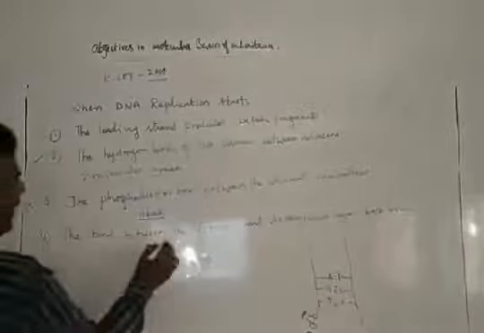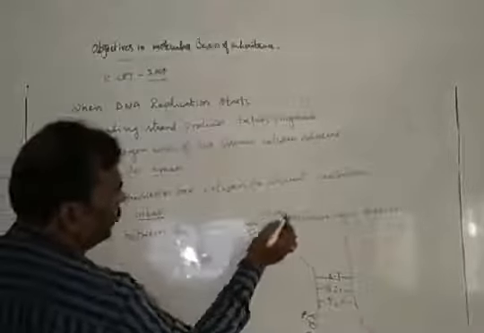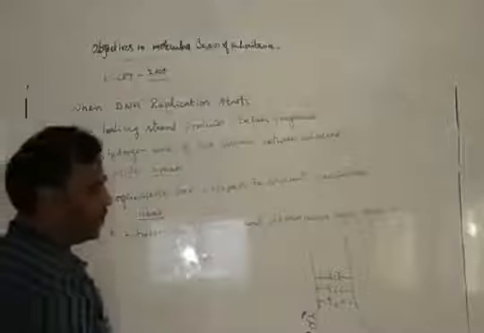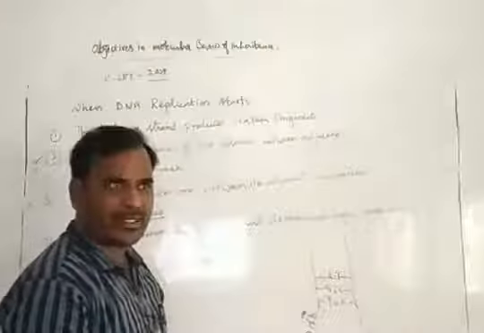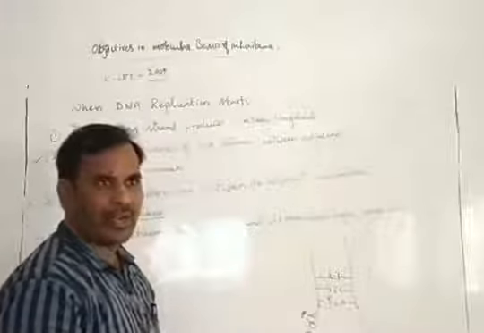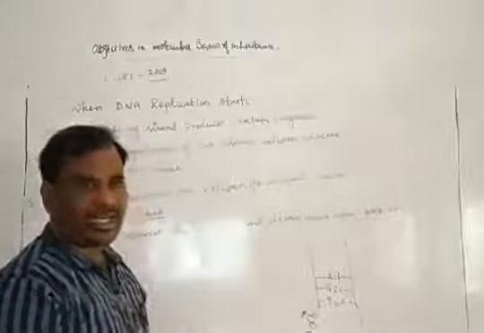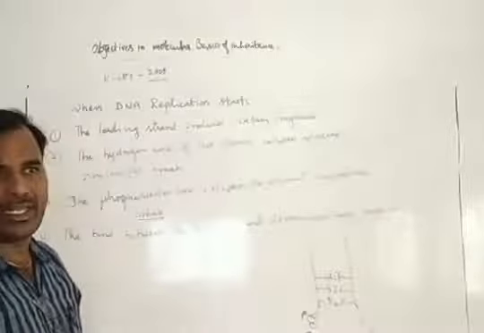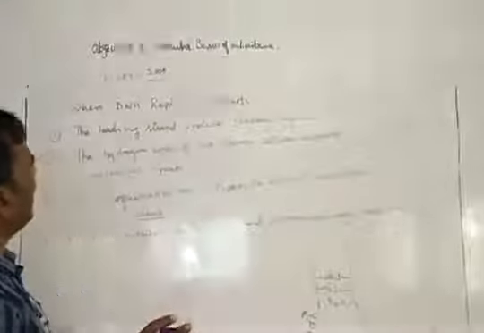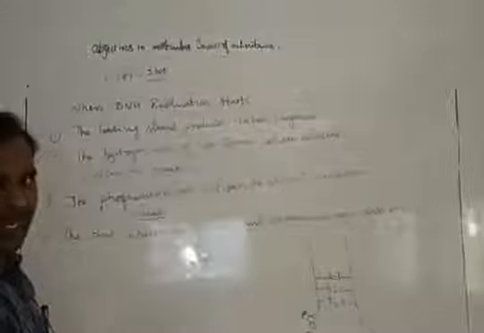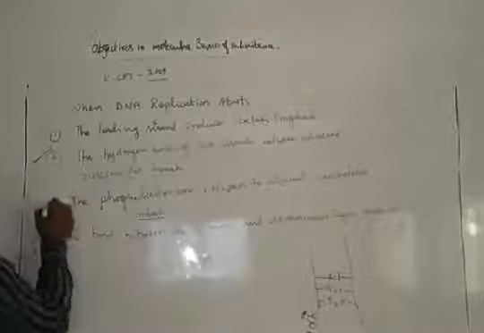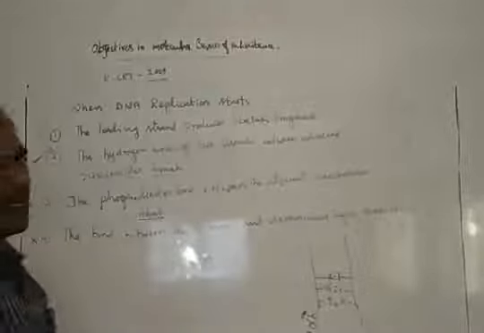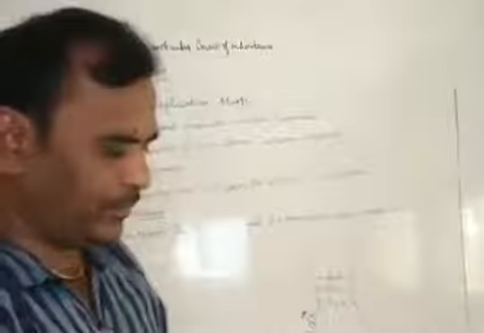The bond between the nitrogen base and the deoxyribose sugar in a nucleotide is an N-glycosidic bond. That cannot be broken in DNA replication. So the second option is the right option. Options 1, 3, 4 are wrong for this question.